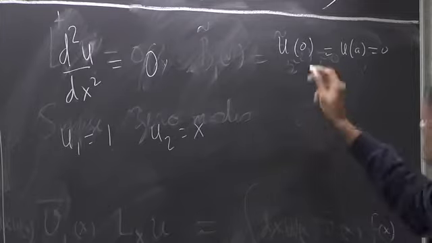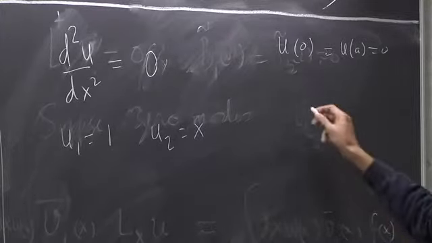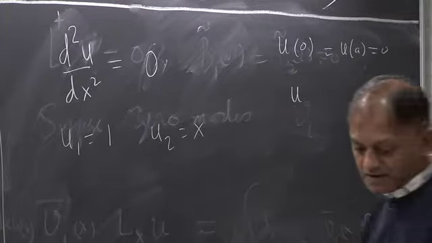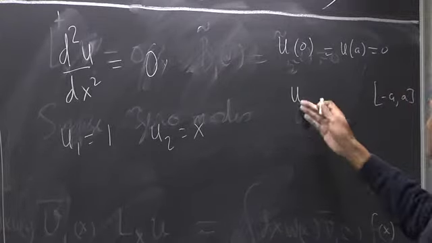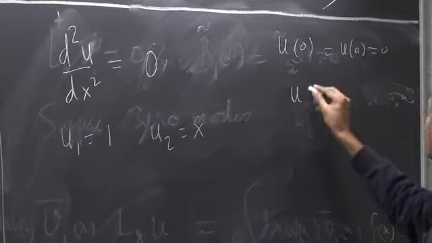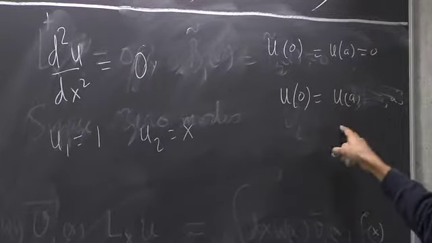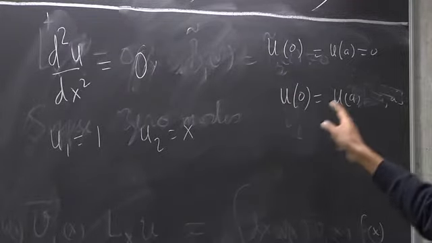But suppose instead of choosing this, let me choose a periodic boundary condition. Okay. So for example, I say that u0 equals ua. Here they have taken the interval minus a to a, but it doesn't matter, let's keep the same. So we choose u0 equal to ua, which is a periodic boundary condition. At the two endpoints, the values of u are the same, but this is only one boundary condition.